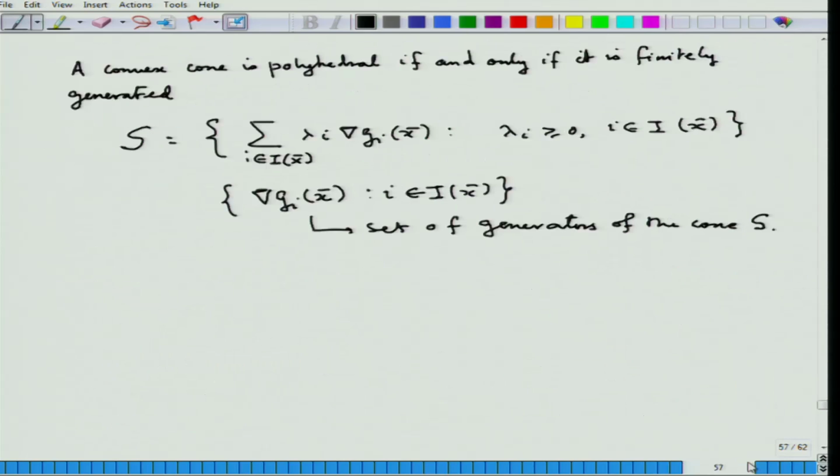And every finitely generated set is polyhedral, so every finitely generated set is closed. So, this set S is finitely generated through these generators, and is thus closed.